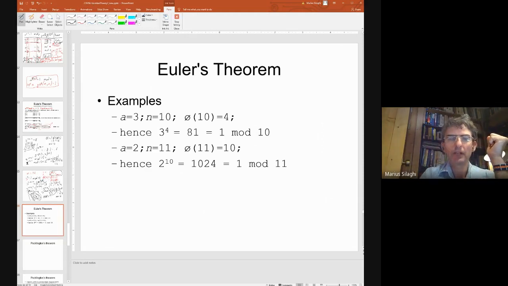So how much is, let's say, mod, let's take again 12. How much is 5 at power 2018?